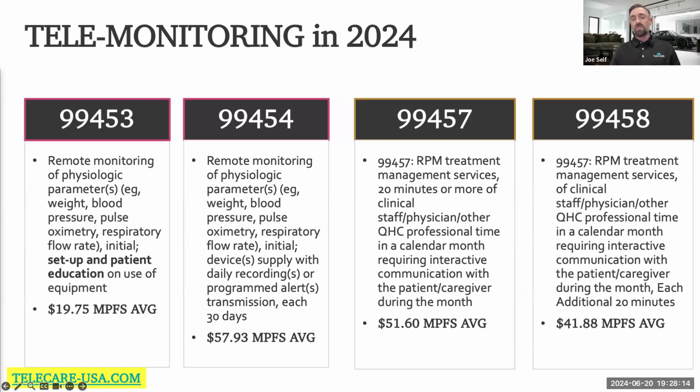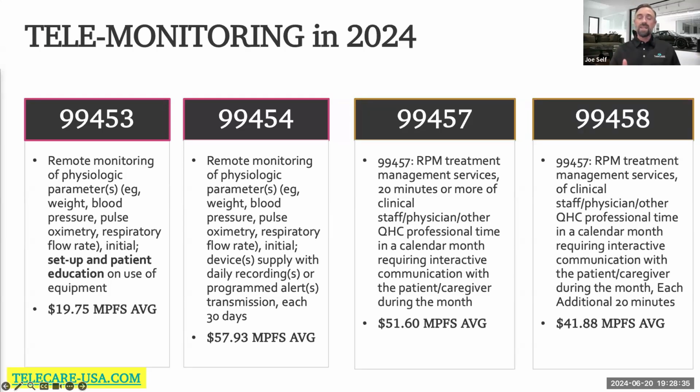The 99457 and the 99458 are for the service time that the patient gets. So, what is service time? Service time is you taking a look at their readings. It's you calling the patient saying, "Hey, Bob, I'm seeing that your blood pressure numbers are going up. What's going on? Are you not taking your medication?"